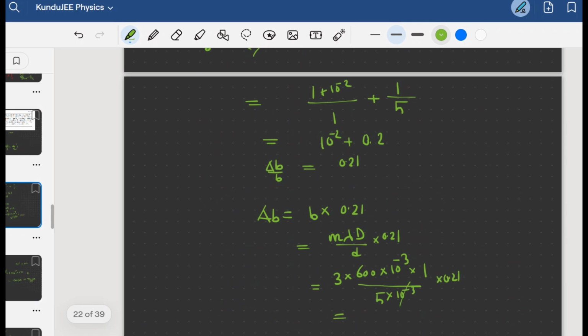So ultimately this is getting cancelled. So I'm getting 360 into 0.21 micrometer, that is 75.6 micrometer, and that is our answer. Our answer should be 75.6.